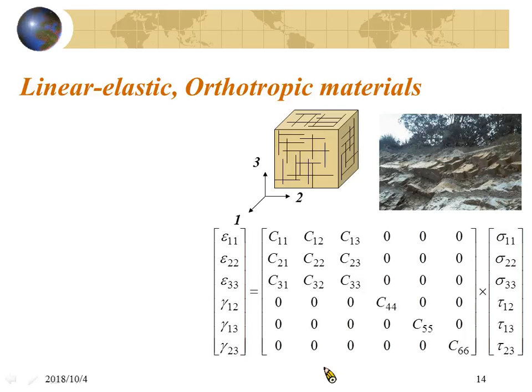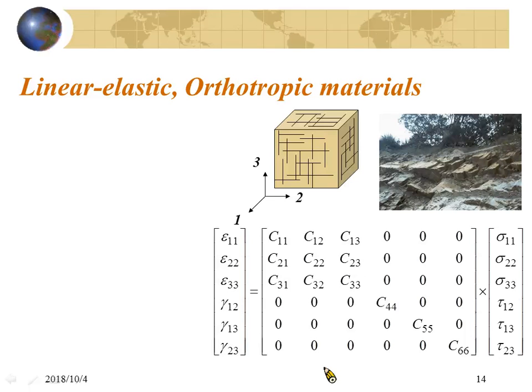So why am I focusing on the independent elastic constants for isotropic material? I want to introduce you to some different materials for rock mass. We usually have a rock mass with three orthogonal joints like this.